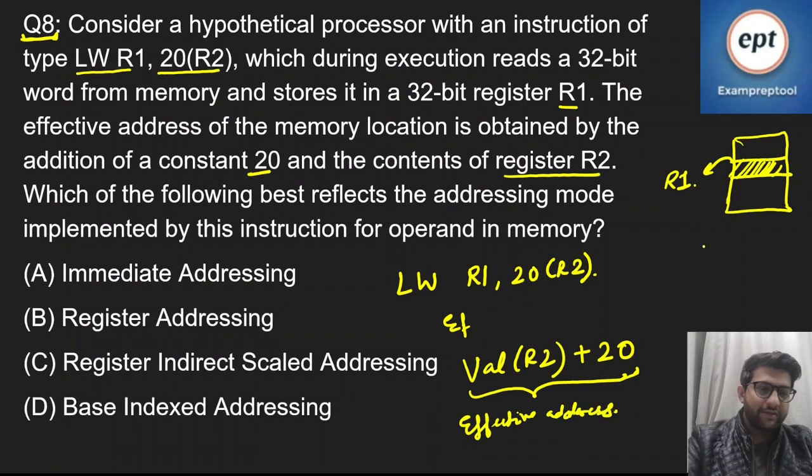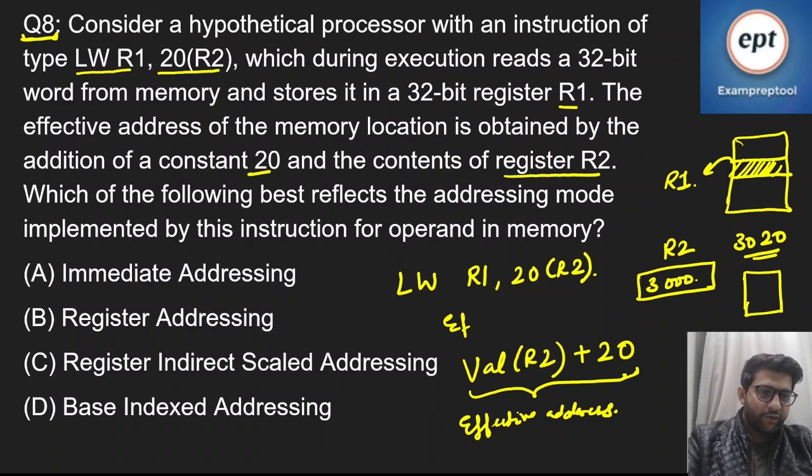What that means is, let's say the register R2 stores the value of 3000. Then the effective address will be 3020, and the operand will be stored at this particular location.